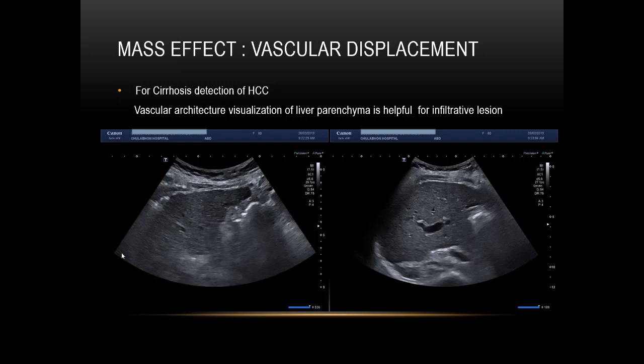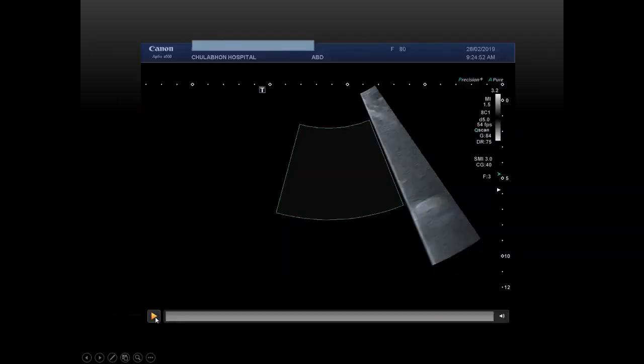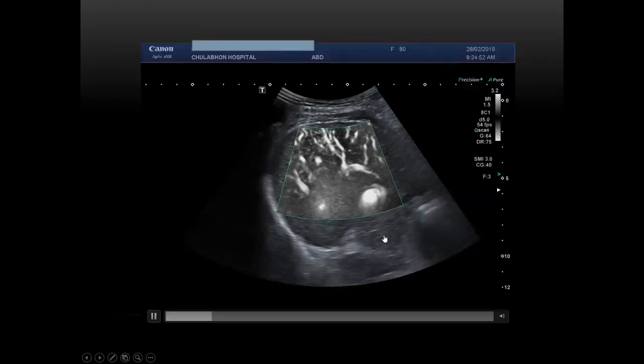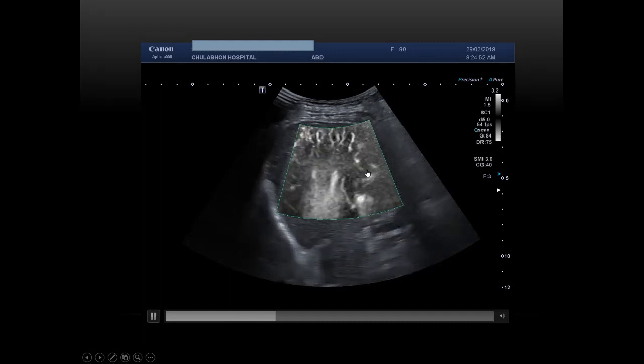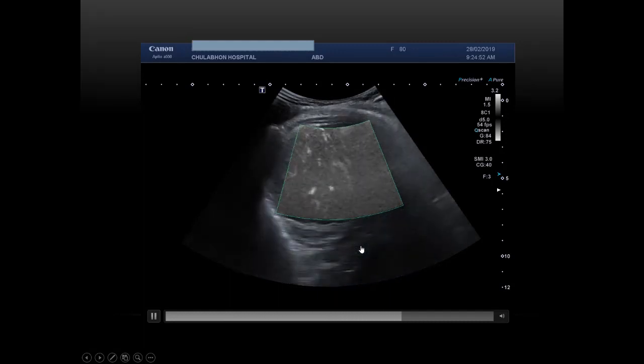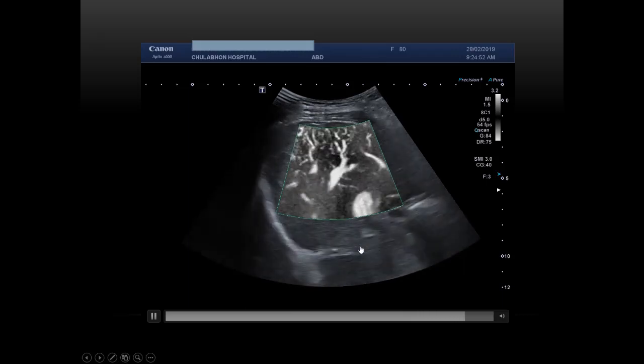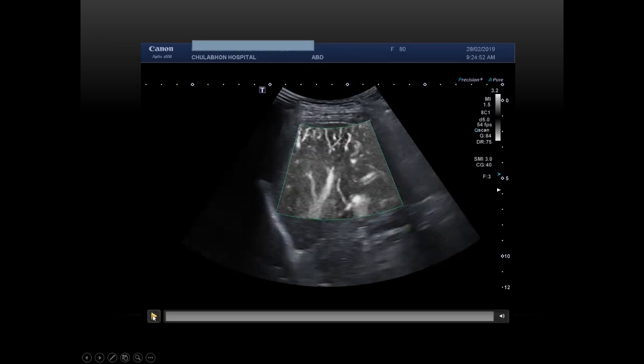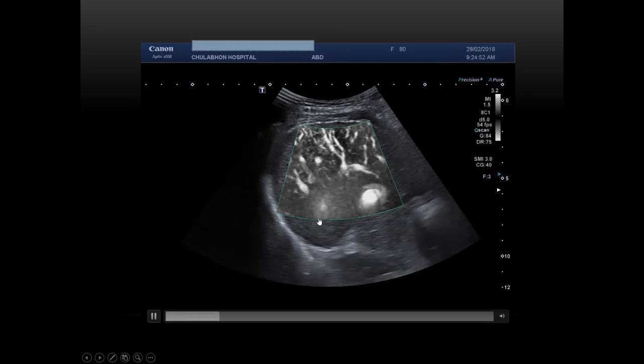On B mode we can detect the cirrhosis, but in my clinical practice I always use SMI to detect the lesion. If I use SMI and see normal vascularity like this, I am confident that there is no major infiltrative lesion inside the liver parenchyma.